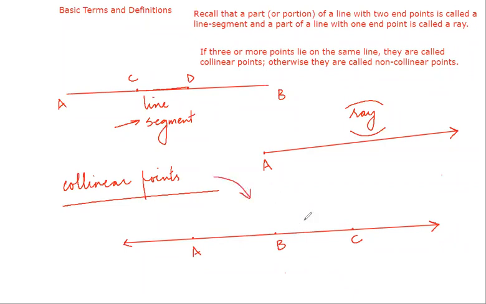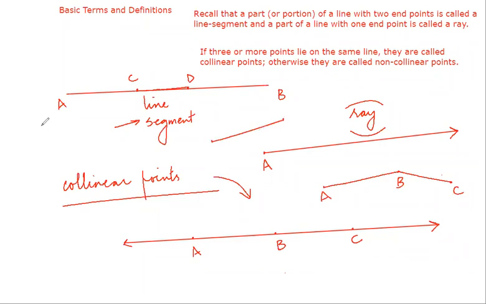So students, 3 points need not always be collinear. Maybe these 2 points are lying on a line segment and C is lying on another line segment. Now these 3 points are not collinear. But students, very interesting: when you talk about only 2 points, they are always collinear because 2 points will always lie on a line.